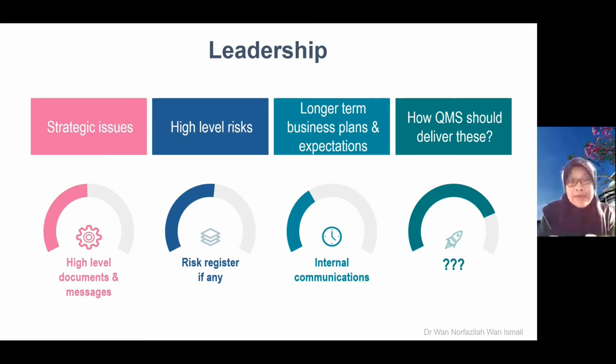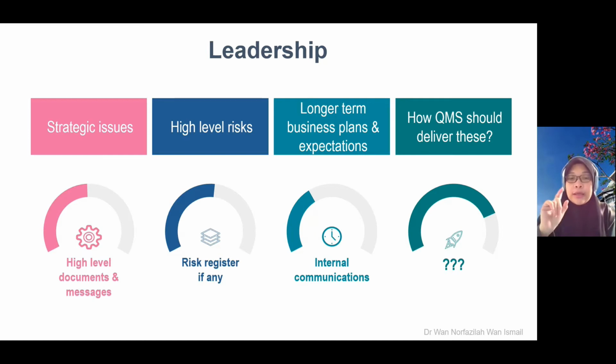But the new version 2015, dia memang tekankan leader yang kena gerak dulu supaya those quality management systems be implemented. Okay, kalau tak dulu leader lepas tangan, bagi dekat anak buah buat, you kena implement those clauses needed by the ISO. Saya tahu siap je. Tak, sekarang leader yang kena mainkan peranan.